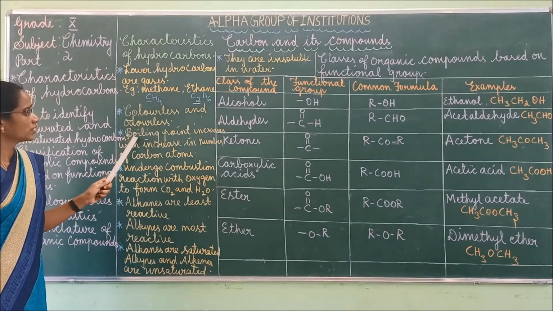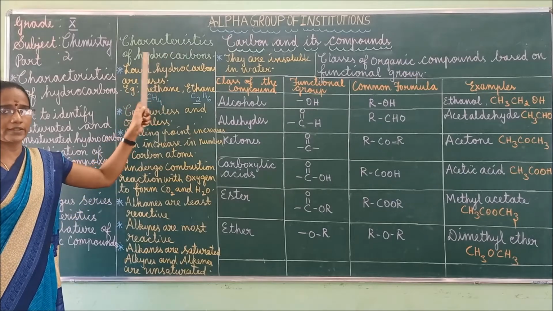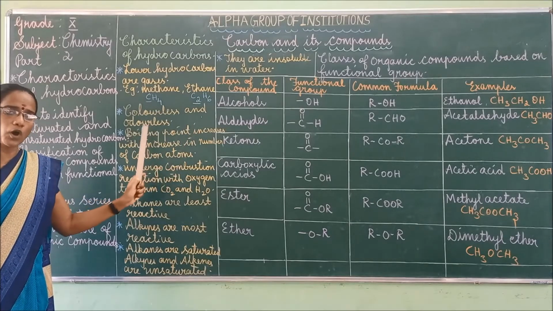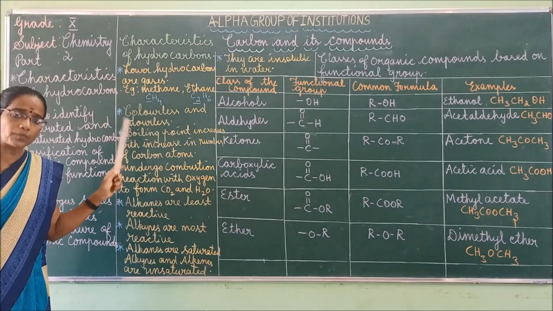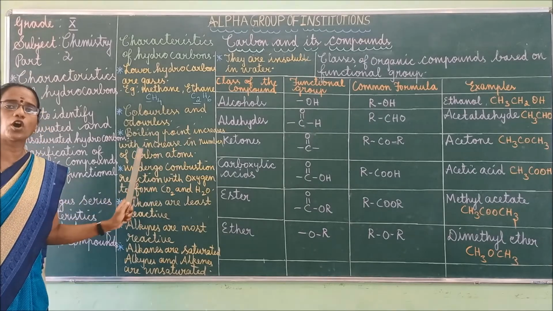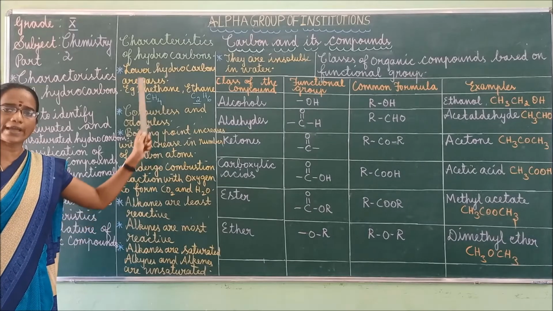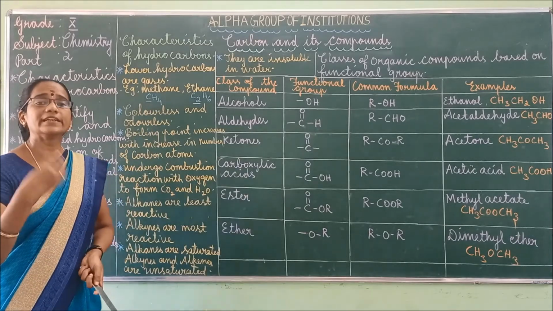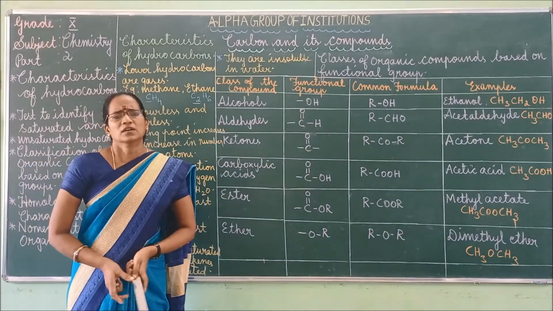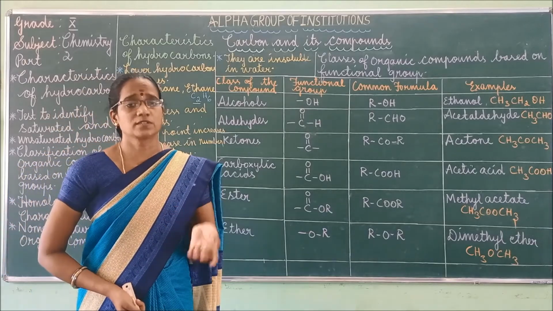And third point, boiling point of hydrocarbons. The boiling point of hydrocarbons increases with an increase in the number of carbon atoms, because larger molecules have more electrons.